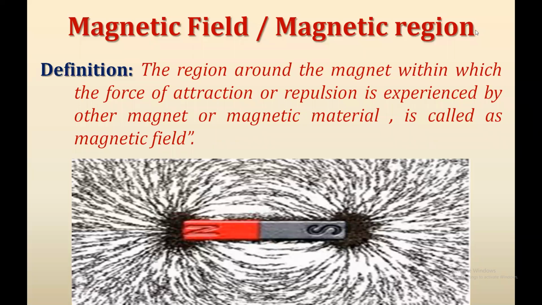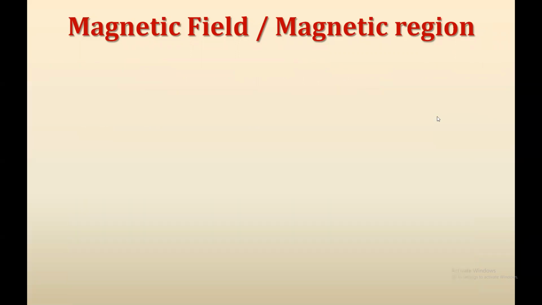Okay. Now the next term in the magnetic circuit is the magnetic field. It's the magnetic region. Let me draw a diagram so that your concept will be clear.